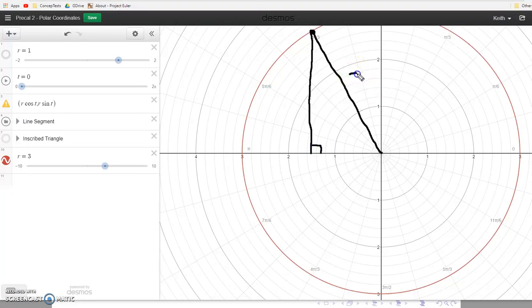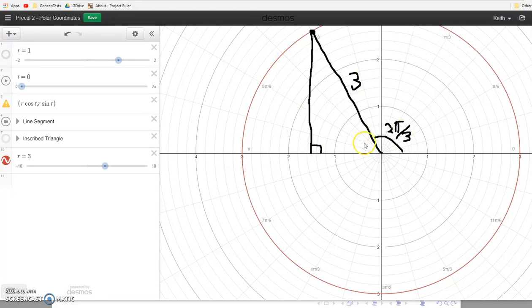Right, we know the radius is 3, and we know this angle is 2 pi over 3. So using the right triangle approach, or the definition I was just giving you, we know this interior angle is pi over 3. We know we're in the second quadrant, so the x-coordinate's negative and the y-coordinate's positive.